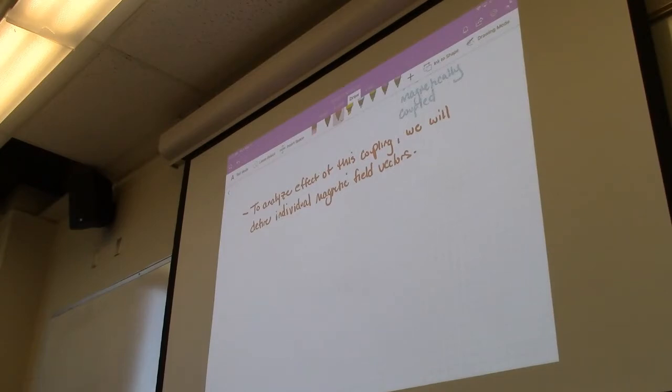Okay, so this is equation 9.2 from the text. So we have BIA, we have BIB, and we have BIC. BF was a magnetic field that was induced by the field winding.